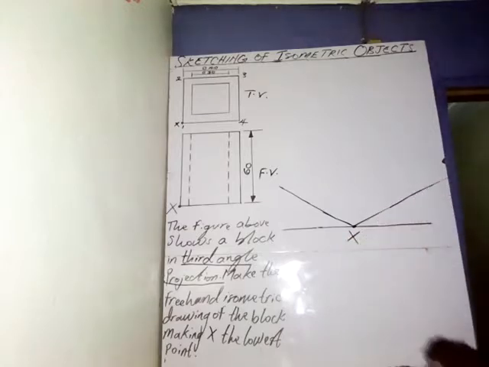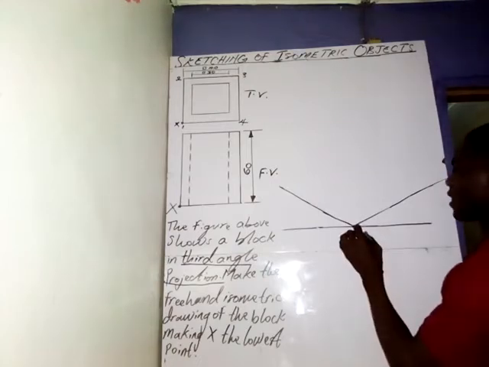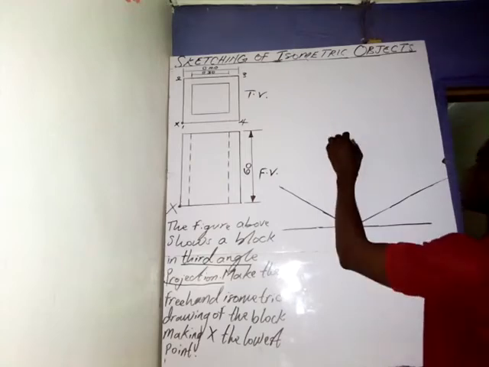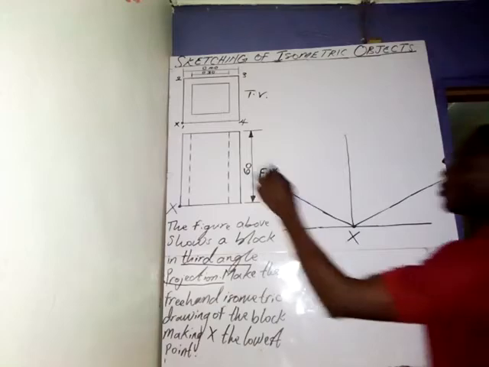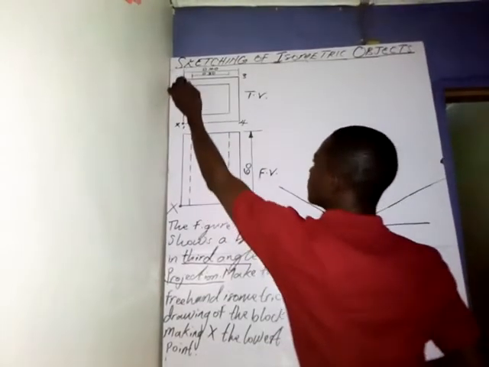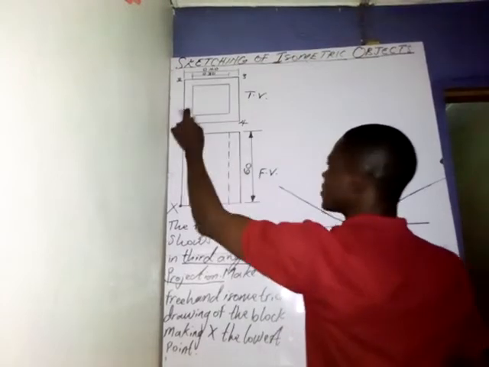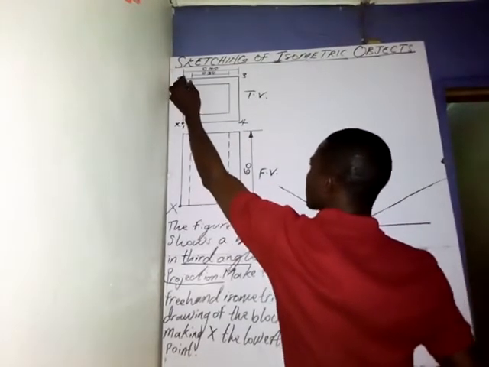So you have this. Now the next thing that we are going to do is draw a vertical line like this. After producing the vertical line, we are told that from 1 to 2 is 40 millimeters.